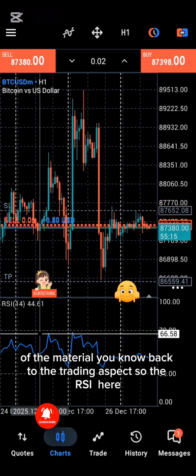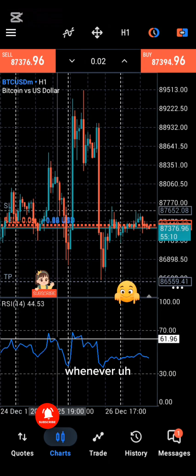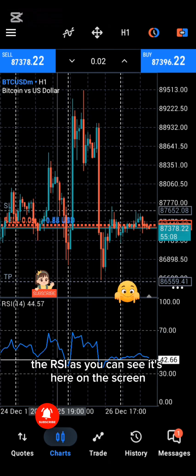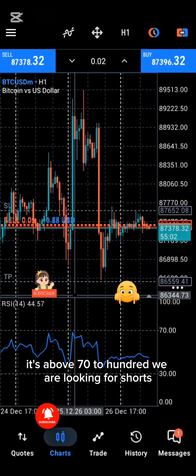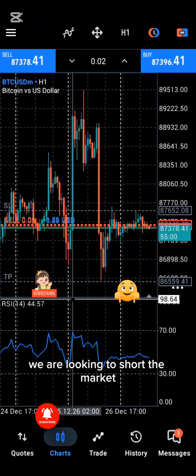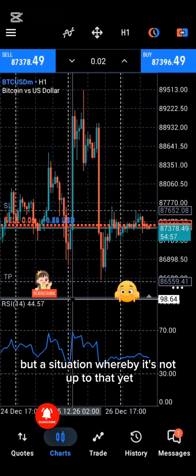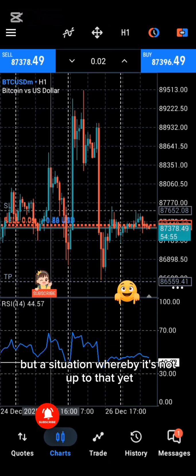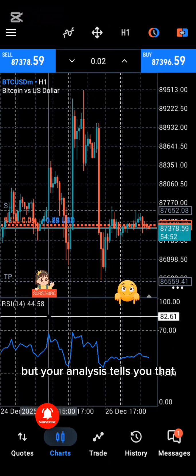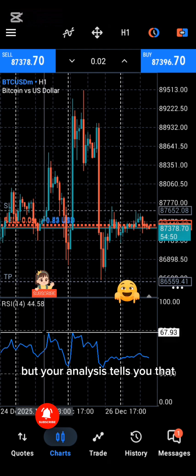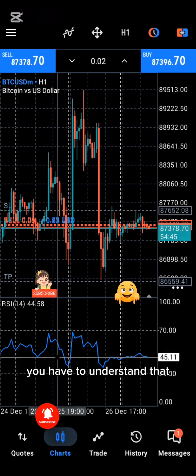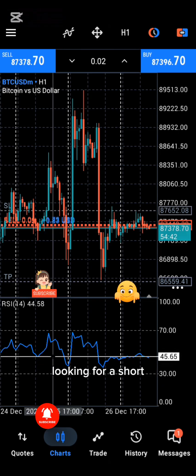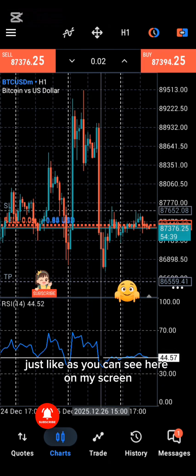Back to the trading aspect. Whenever the RSI, as you can see here on the screen, is above 70 to 100, we are looking for shorts. We are looking to short the market. But in a situation where it's not up to that yet, but your analysis tells you that the market will go down, then you have to understand that the market is retracing, looking for a short, just as you can see here on my screen.